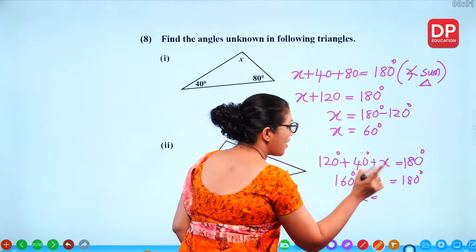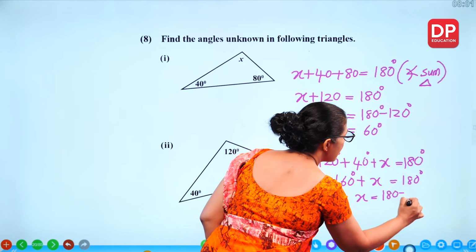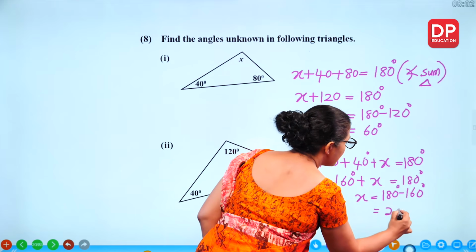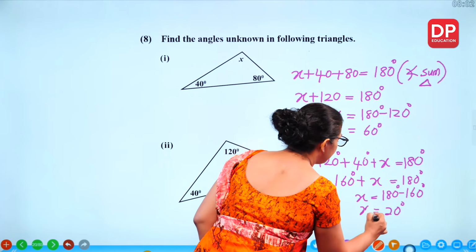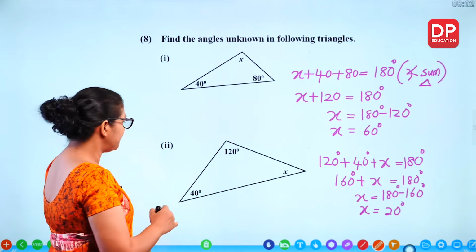Subtract 160 from both sides. 180 minus 160, you get 20 degrees. So x becomes 20 degrees.